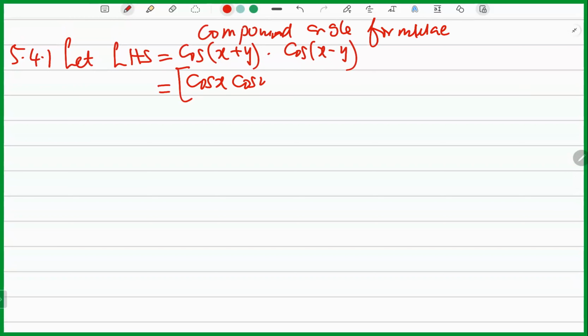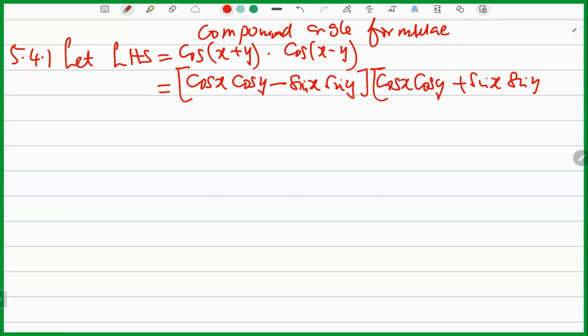The formula is at the back of the matric paper. Cosine of x plus y is cosine x times cosine y minus sine x sine y. There's another compound angle formula for the cosine of x minus y, which is cosine x cosine y plus sine x sine y.